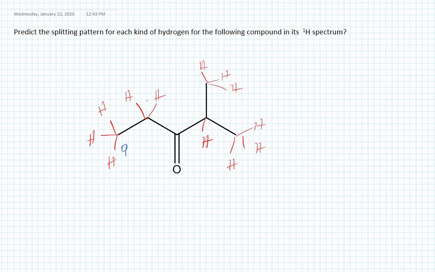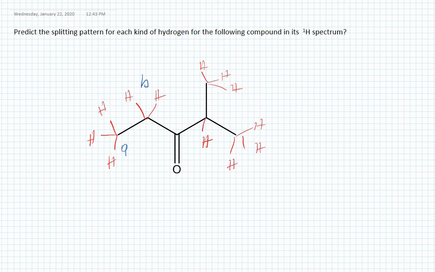But we need to check whether we have a real chiral center or not in the molecule. If you check here, no chiral center, no chiral center, no chiral center. So basically these two hydrogens are enantiotopic hydrogens, so they have to appear as one peak together. So I will label them B.